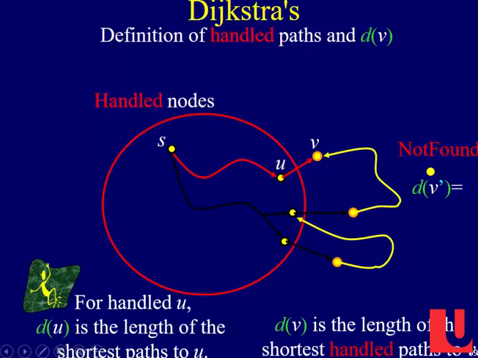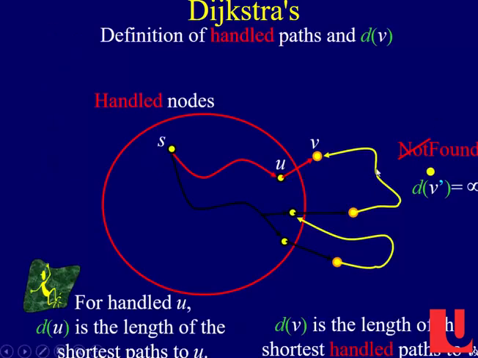So here's a node that's not found. But we don't care it's not found. We just give it infinity, so it's still in the queue, right? And so this guy here, what's its D value? It's the length of the black guy, right? Some path coming this way could be better, but we're not paying attention to it, right?